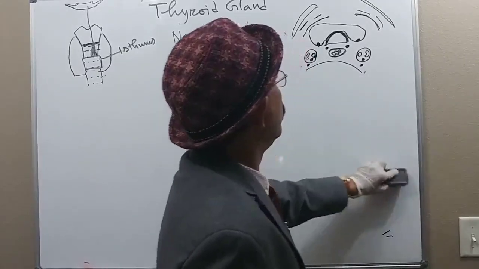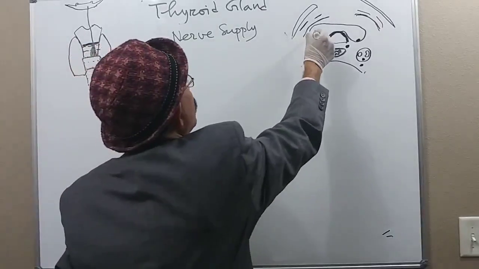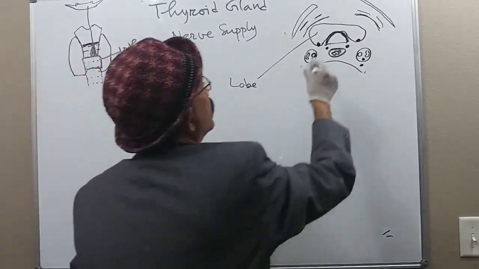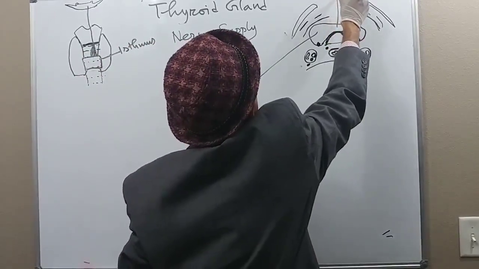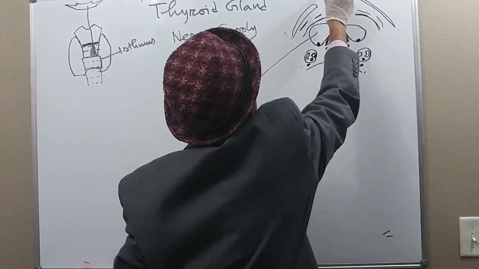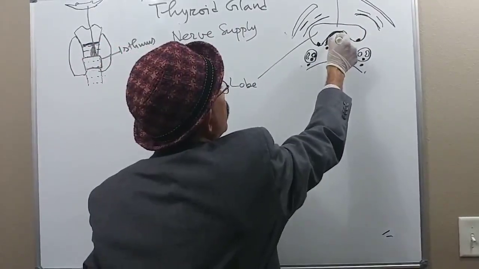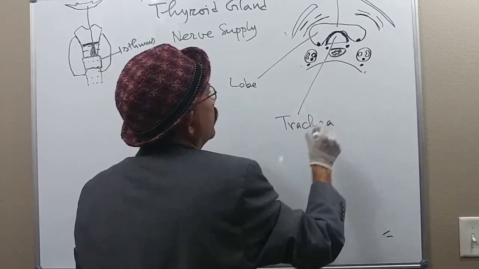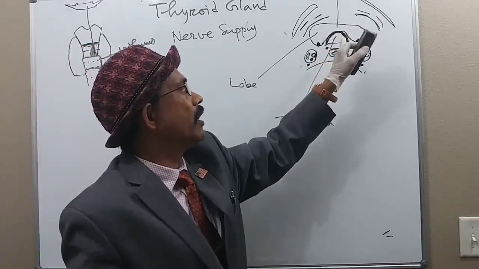So this is a section at the level of the isthmus. This is a lobe of the thyroid gland. This part is the isthmus connecting the two lobes. This structure is the trachea, the windpipe containing hyaline cartilage in a C-shaped manner.